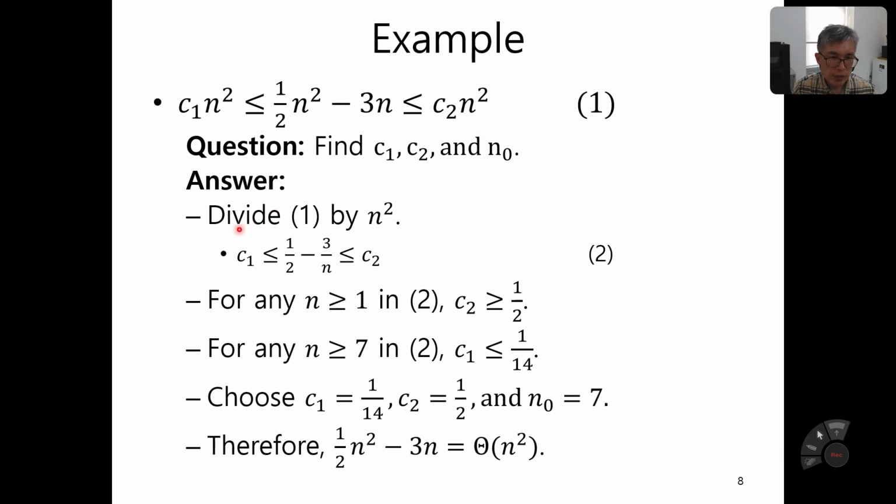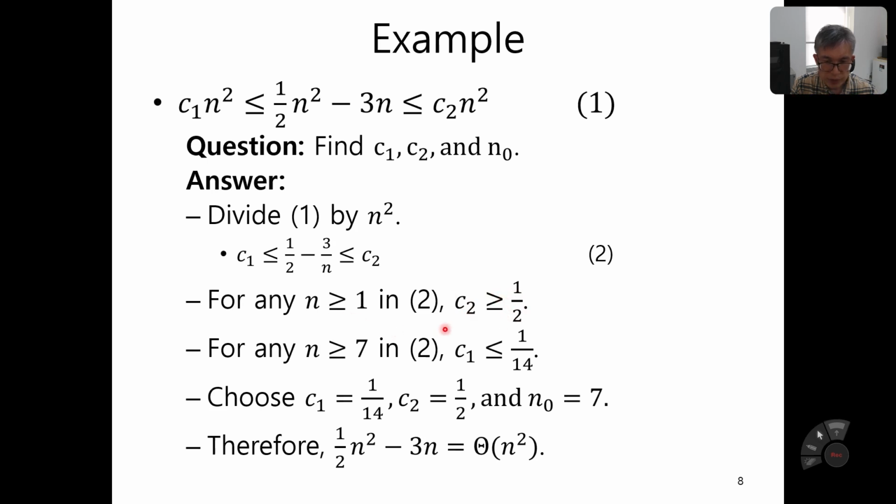So the answer is, first of all, we divide this inequality by n squared, so n squared is gone, and this one is 3 over n, right? This is 3 and c2. So for any n at least 1, greater than or equal to 1 in this inequality, we can see c2 exists, greater than or equal to at least 1 over 2.